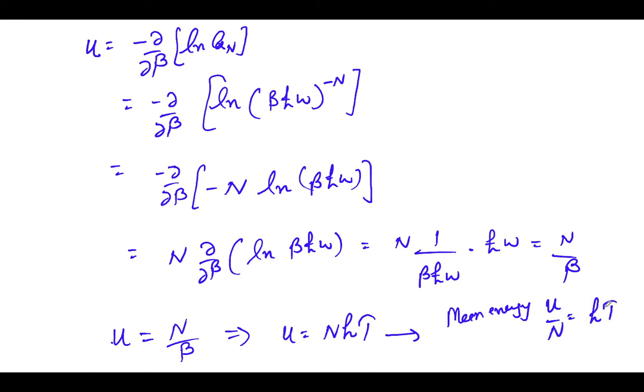So energy per oscillator for 2 degrees of freedom is equal to kT, and energy per oscillator for 1 degree of freedom is equivalent to 1 by 2 of kT. So this is in complete accordance with the equipartition theorem and the classical ideal gas problem, harmonic oscillator problem. It follows all those equipartition laws and they are fully satisfied in this case.